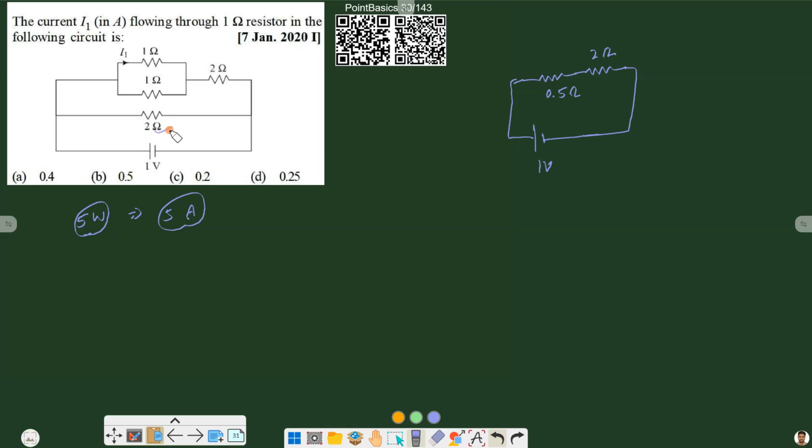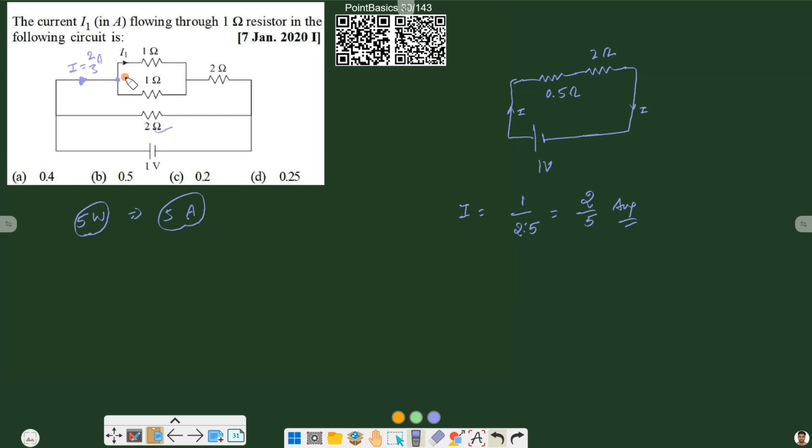We are ignoring here the 2 ohm resistance. So total resistance will be 2.5 ohm, and current I will be 1 by 2.5. So that will give us 2 by 5 ampere. So this will be the current I which will flow in this circuit. So I is equal to 2 by 5 ampere will flow through here.